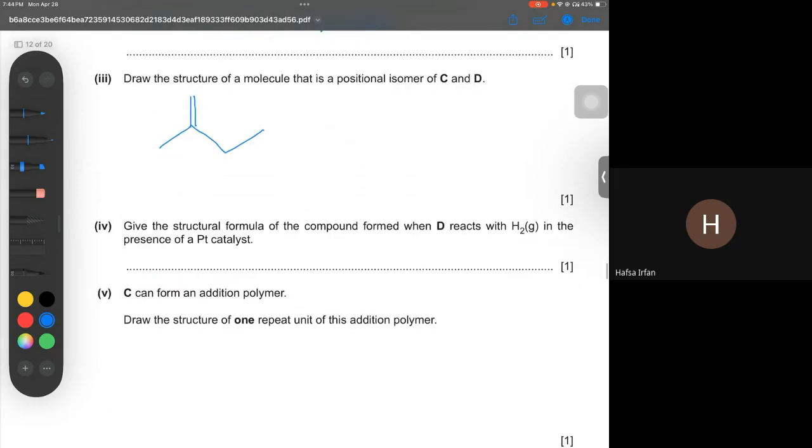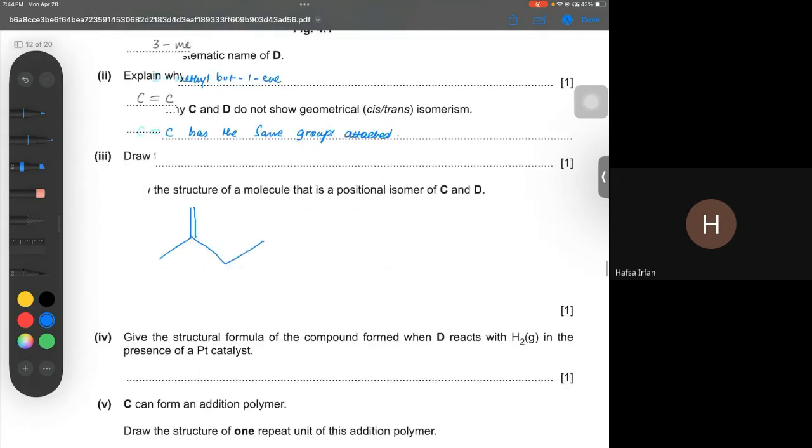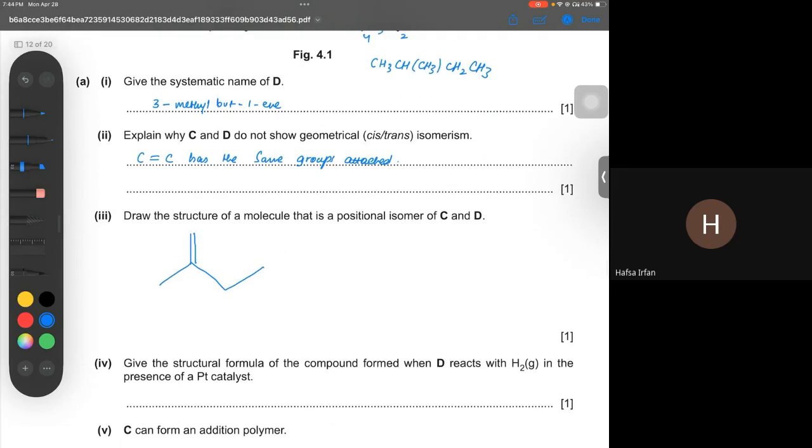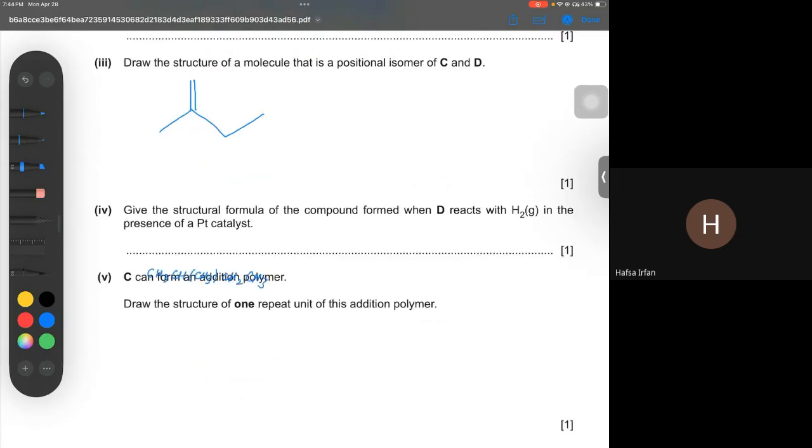So they are saying give the structural formula. So it would be CH3, then CH, then CH3, then CH2, then CH3. Okay, this is your answer.